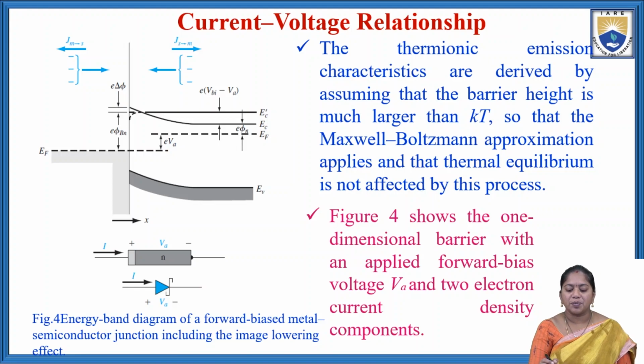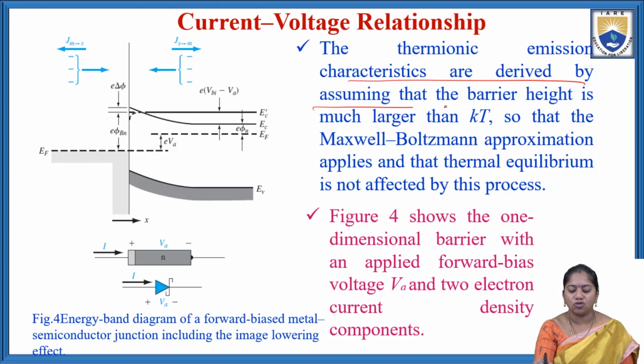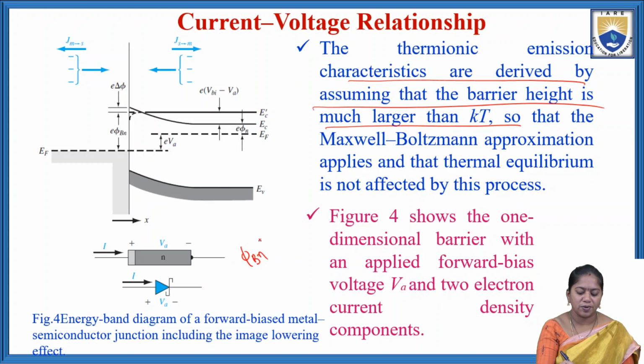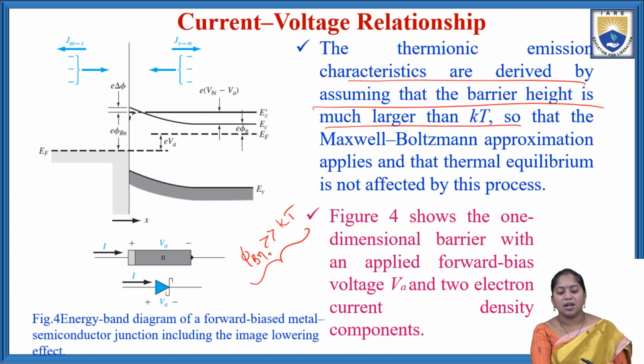The thermionic emission characteristics are derived by assuming that the barrier height phi Bn is much greater than kT.